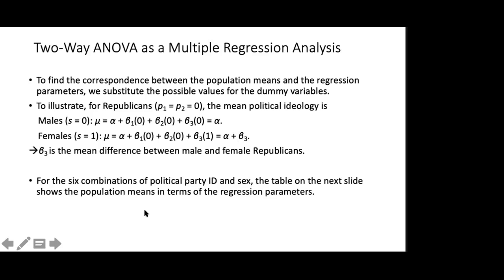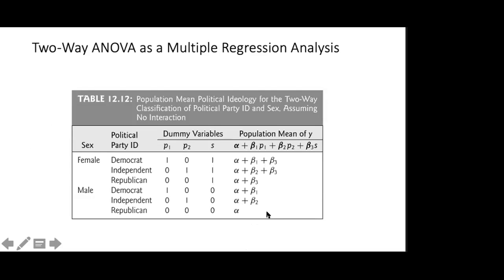Okay. So if you do that for all other combinations, we can see, as shown here in this table, that beta 1 is just a difference in political ideology between male Democrats and male Republicans. Beta 2 is a difference between male Republicans and male independents.